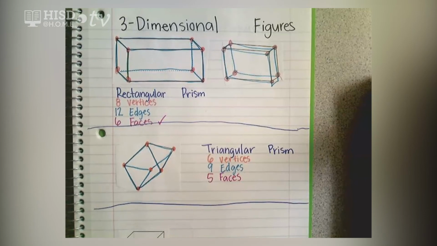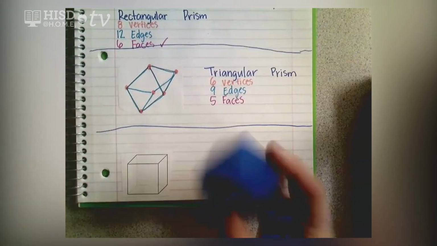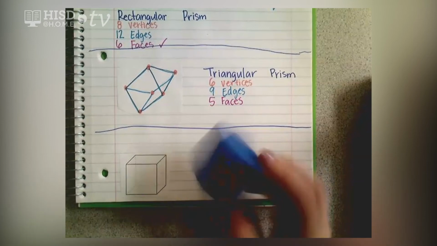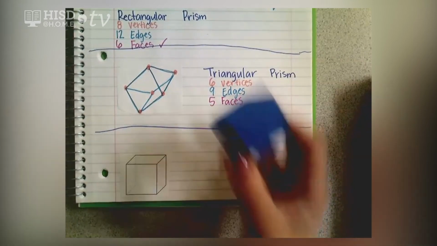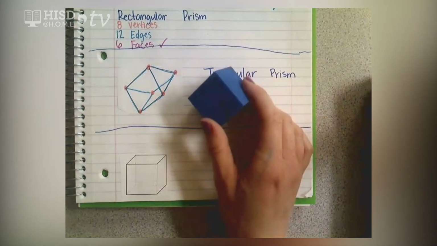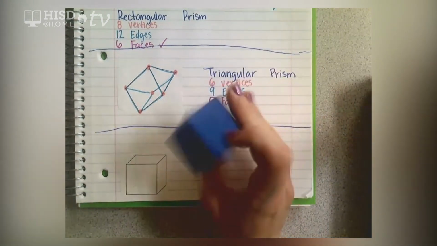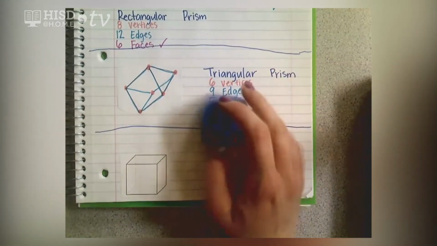All right, our next one is right here, but we also have it right here, and this is what we call a cube. It could also be a rectangular prism because squares can also be identified as rectangles, but for a cube they have to all be square faces, right?